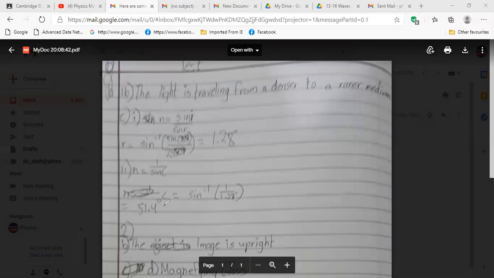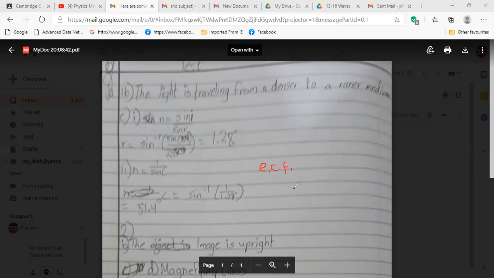But in Cambridge, we have something called ECF. ECF means error carried forward. You write here ECF. And because of ECF, you are getting 2 marks here, okay? Though your answer is not actually correct, your process is correct. That's why you are getting 2 marks. Is it clear, Mahi? Yes, sir.